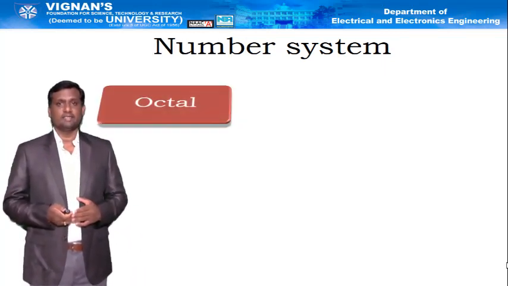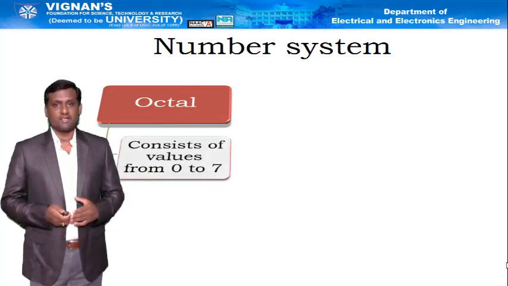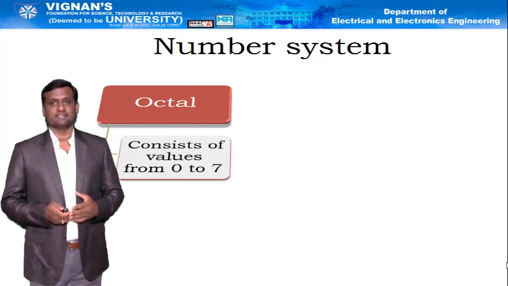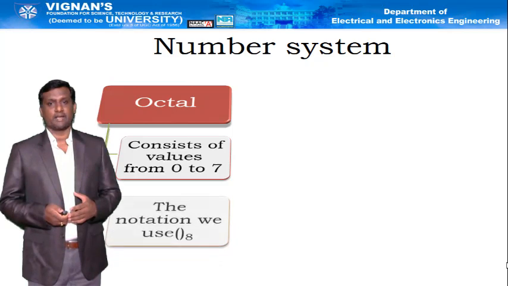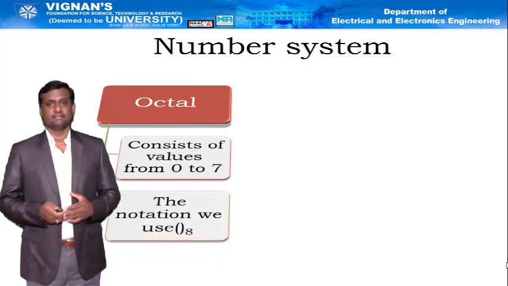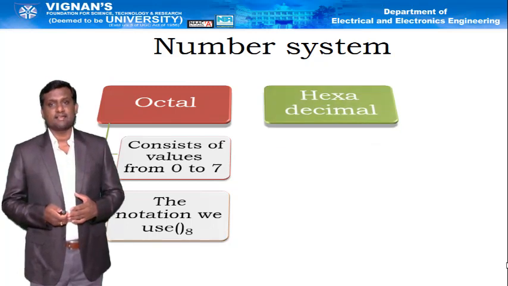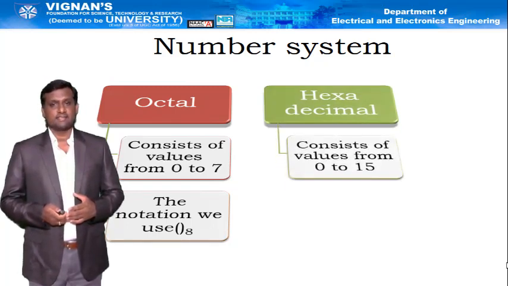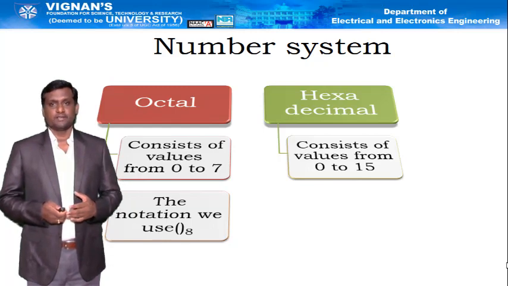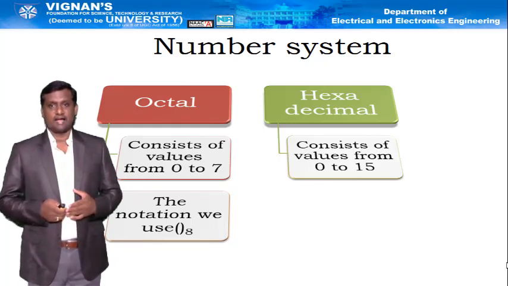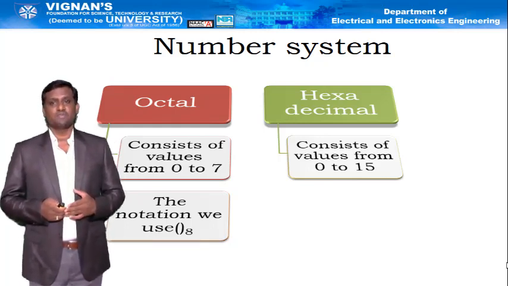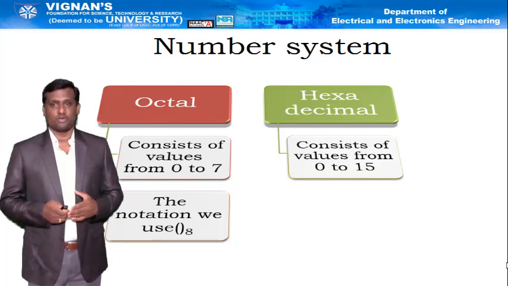Next number system is the octal number system. It has 8 digits, from 0 to 7, and its representation is base 8. Next one is the hexadecimal number system. It consists of a total of 16 digits counting from 0 to 15, but in the number system we have digits 0 to 9, and the remaining 10 to 15 are represented with the help of alphabets.